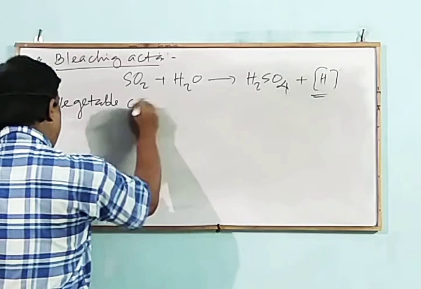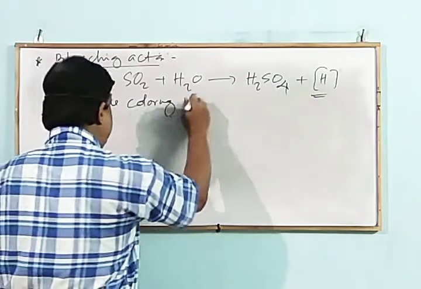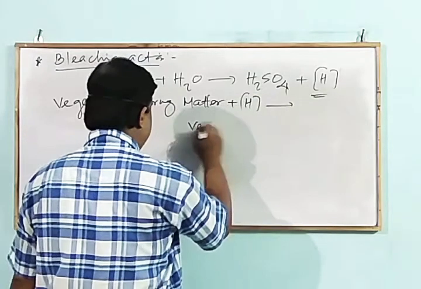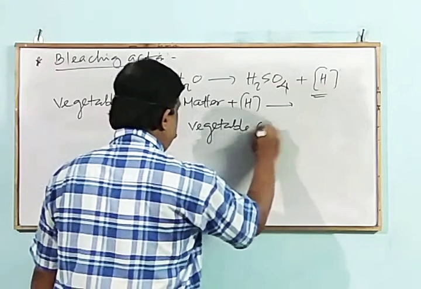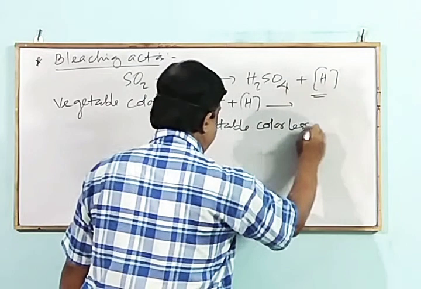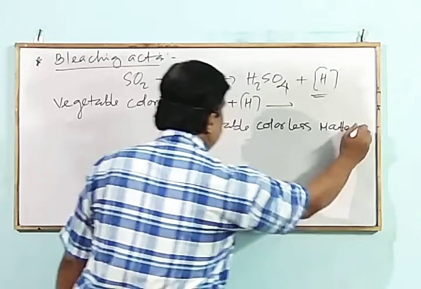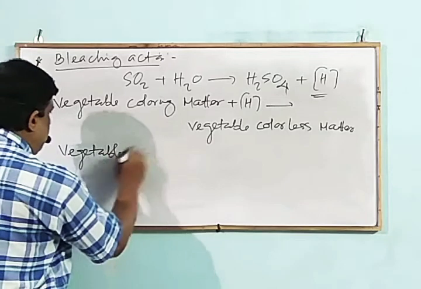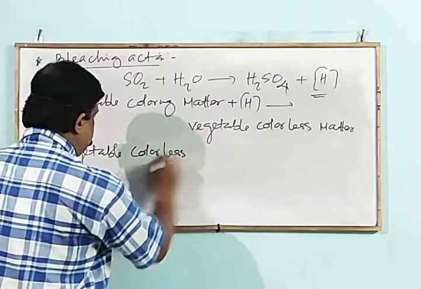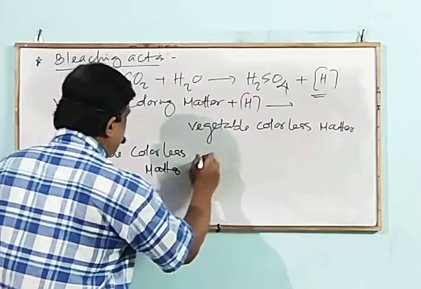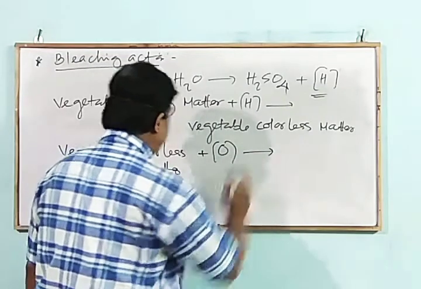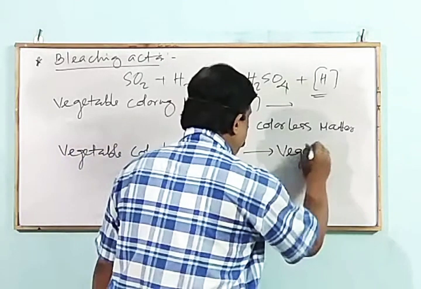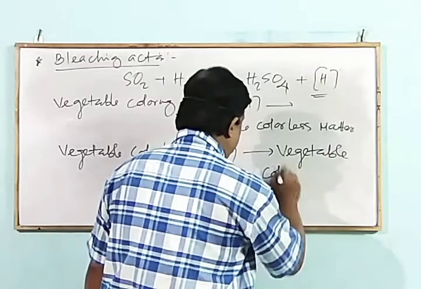Vegetable coloring matter plus nascent hydrogen give rise to vegetable colorless matter. However, when vegetable colorless matter comes in contact with atmospheric oxygen, it gets oxidized and regains its original color, that is vegetable coloring matter.